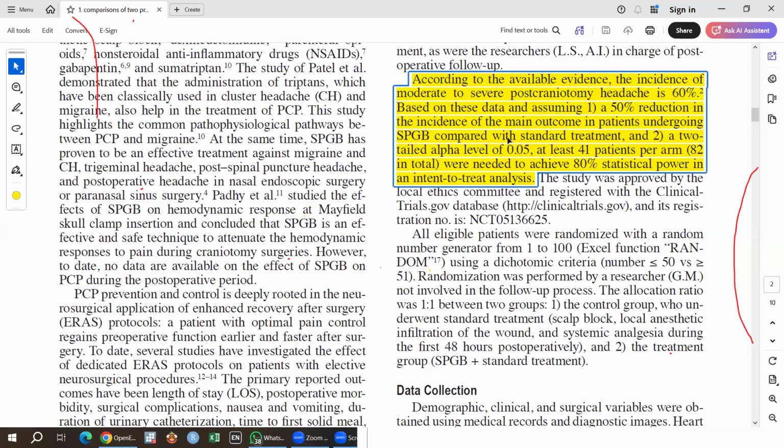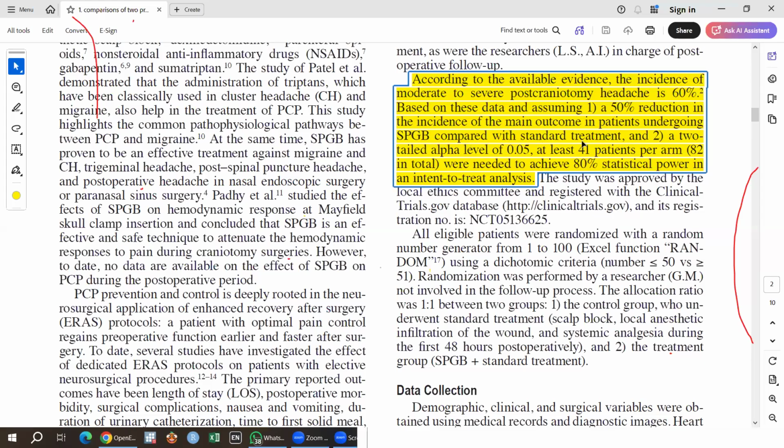So can you tell me the primary outcome of this study, and is it a proportion type or mean type primary outcome? Based on this data and assuming a 50% reduction in the incidence of the main outcome in patients undergoing SPGB compared with standard treatment.